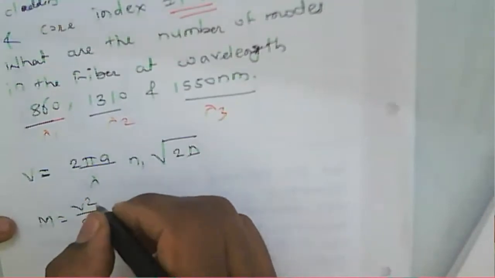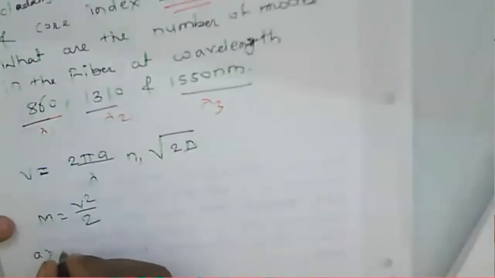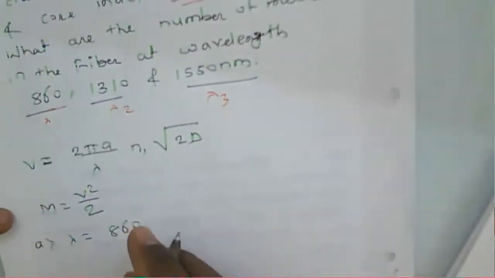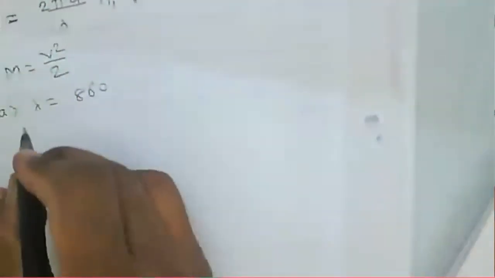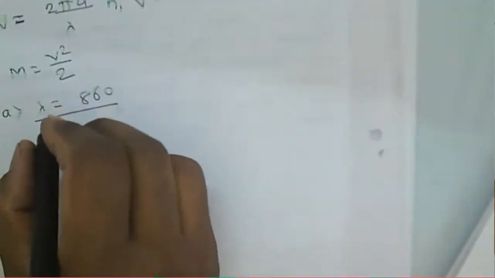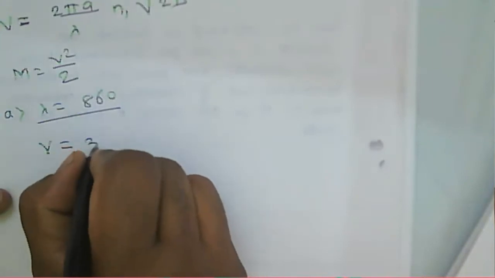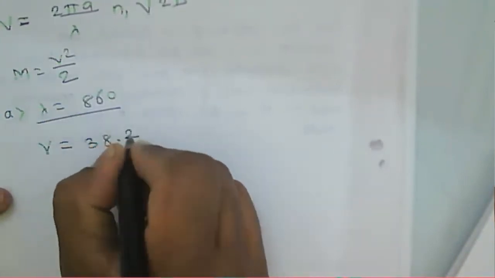In the first case, if we consider that lambda is equal to 860, then after putting all the values we get V equal to 38.2.